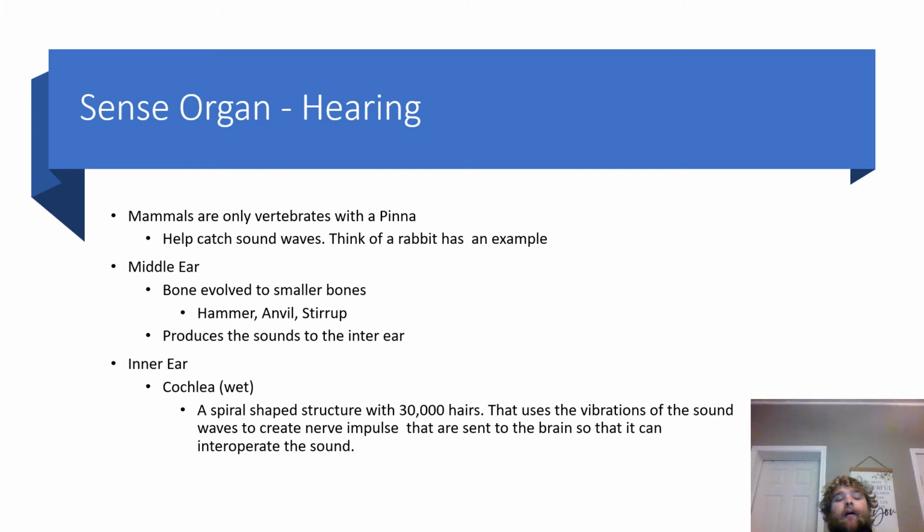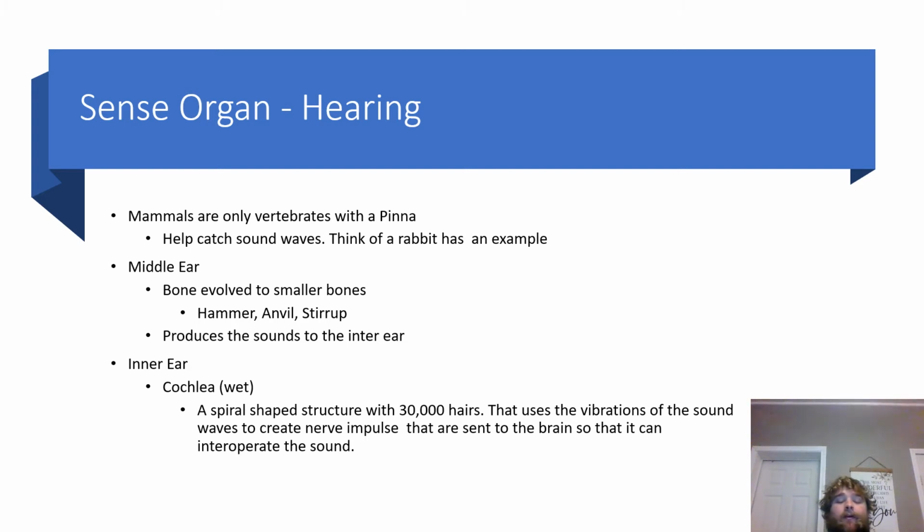Next, we'll take a look at a sensory organ that isn't unique to mammals, but it's different in mammals. One is hearing. Mammals are the only vertebrates with a pinna, which is like an outer ear.